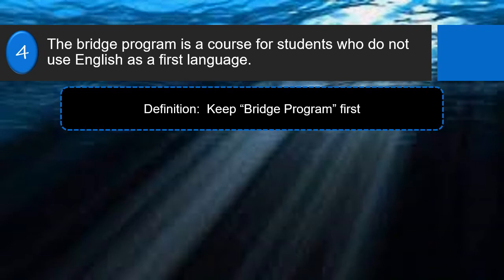Now, this is a definition. What is the Bridge program? So keep "Bridge program" first. Vocabulary. Students who do not use English, well, generally a language, the main thing you do with a language is speak.